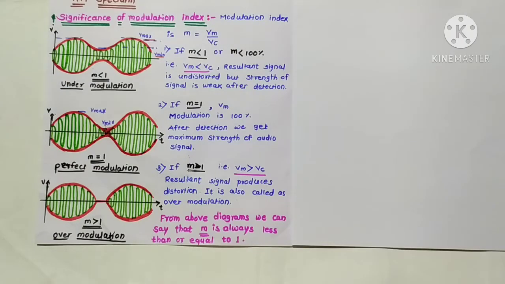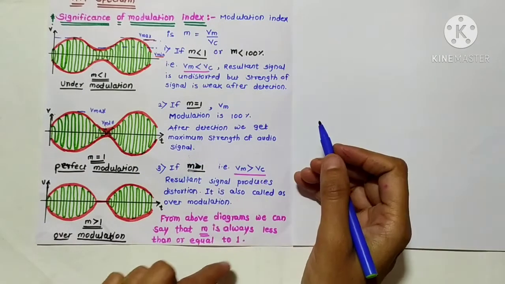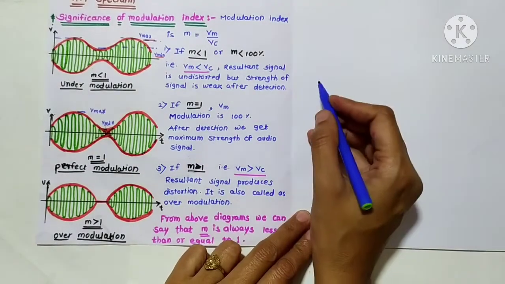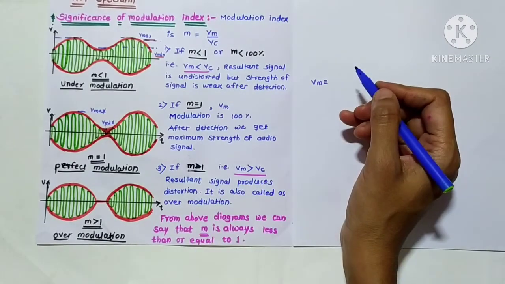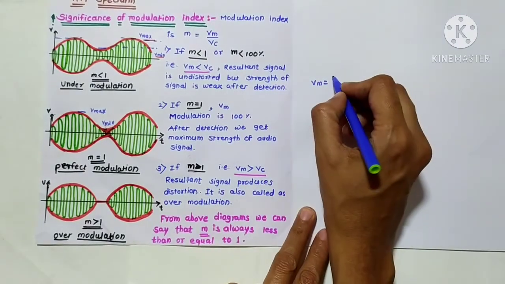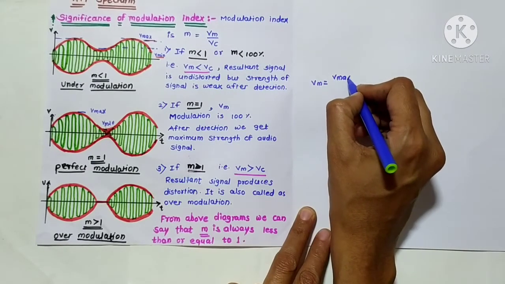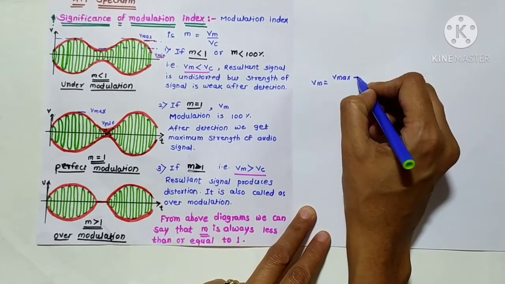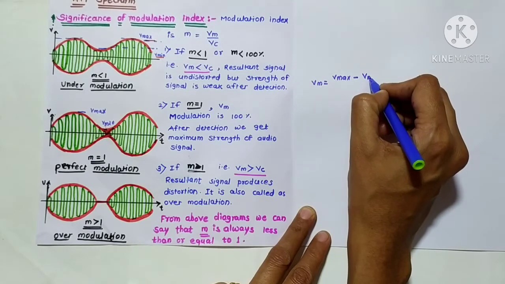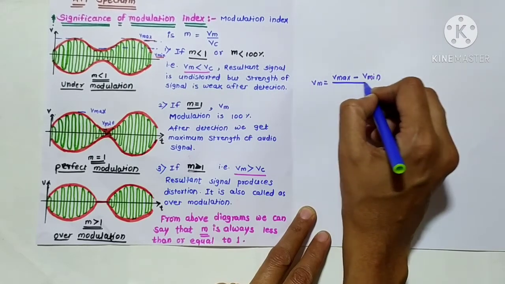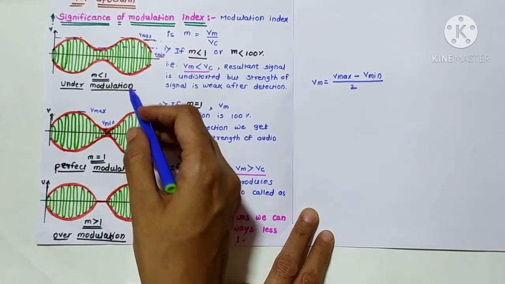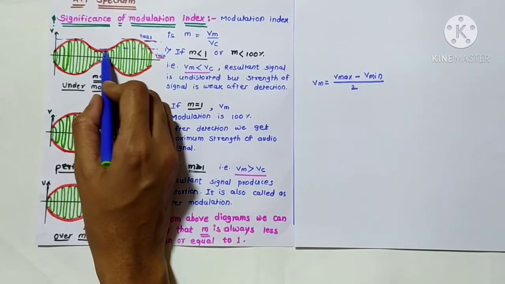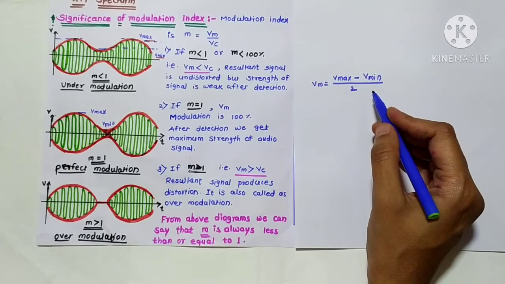Now from this figure we can say that the amplitude of the modulating signal is equal to V max minus V minimum upon 2. Here V max is the peak amplitude and V minimum is the minimum, divided by 2.